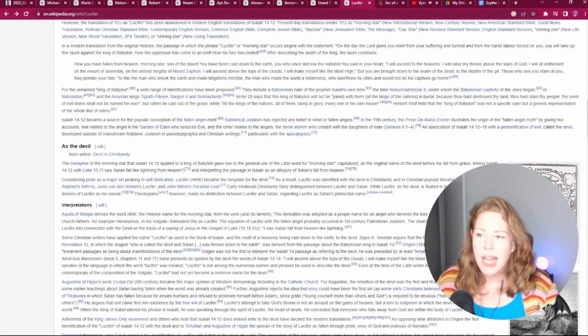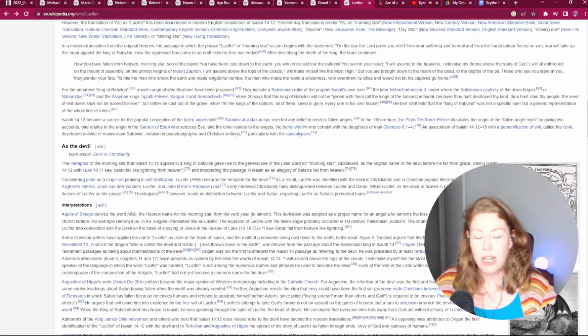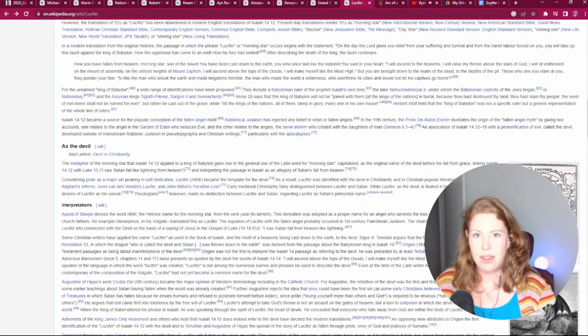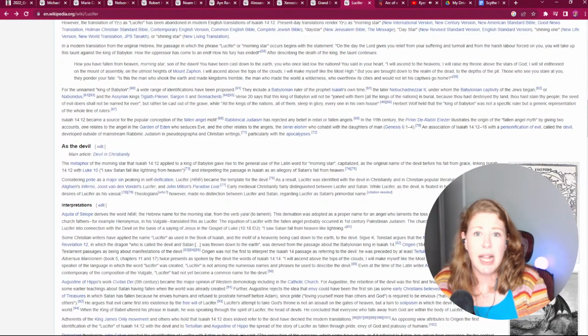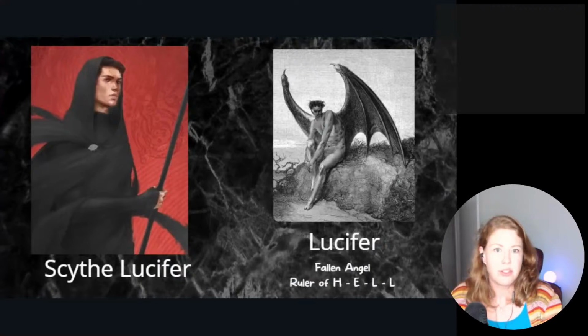And on top of it, he's chosen black as his robe, which is the one color that scythes, actual ordained scythes, never wear because of its association with death and despair. But Scythe Lucifer has taken on black because he wants to differentiate himself from the other scythes, right?